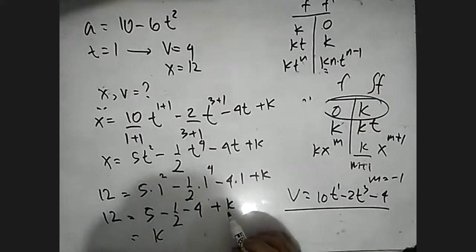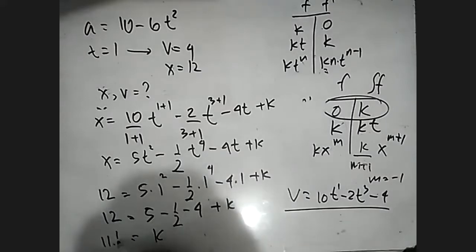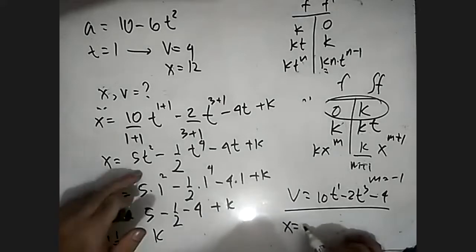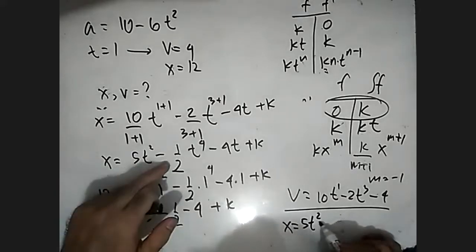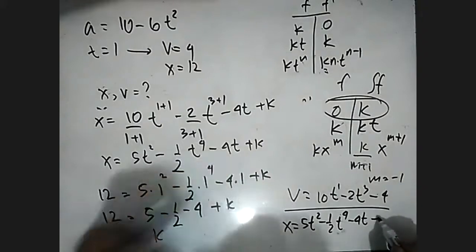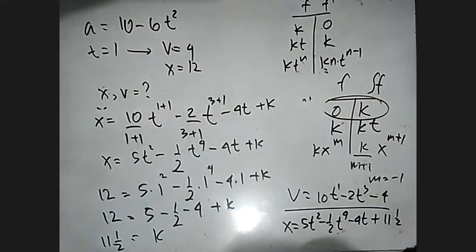Half plus k, yeah, that's 11 and a half. So the value now for x is going to be 5t squared minus half t power 4 minus 4t plus 11 and a half.